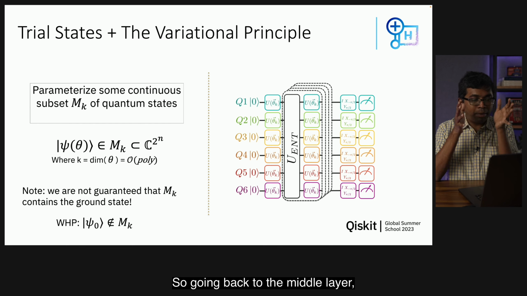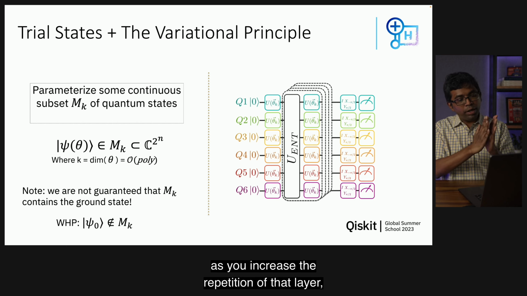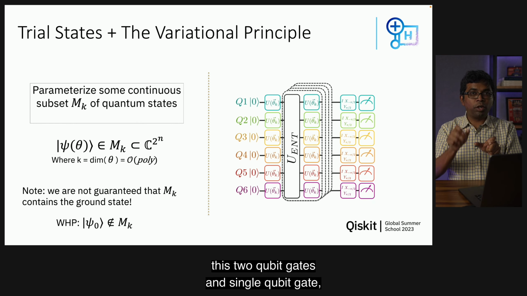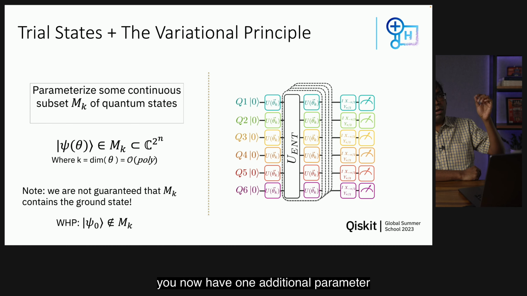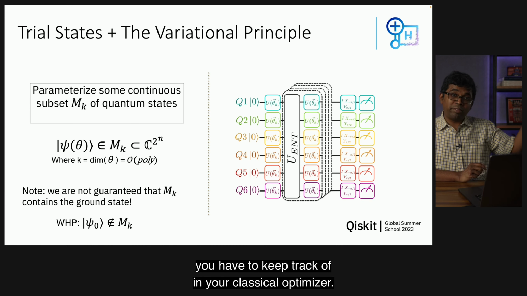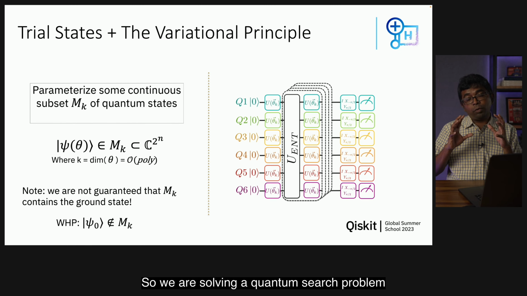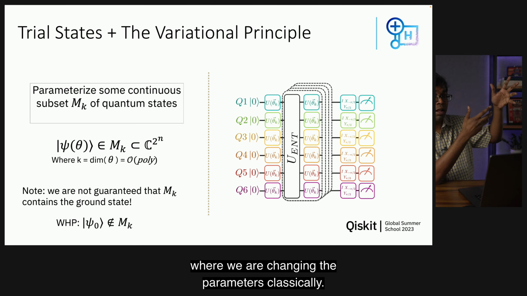So going back to the middle layer, as you increase the repetition of those 2 qubit gates and single qubit gates, you have to keep in mind that every time you add a parametrized gate, you now have one additional parameter you have to keep track of in your classical optimizer. We are solving a quantum search problem with the help of a classical optimizer where we are changing the parameters classically.